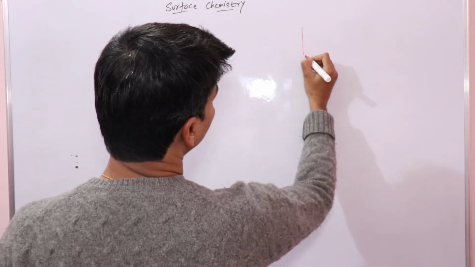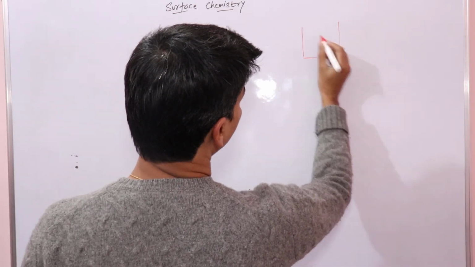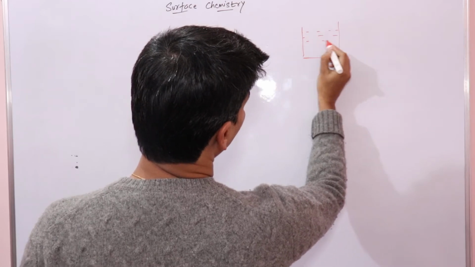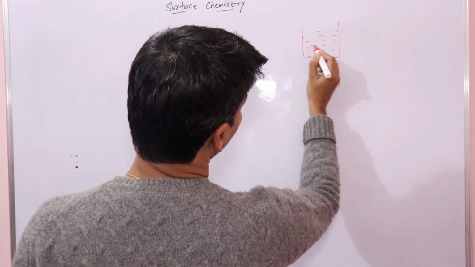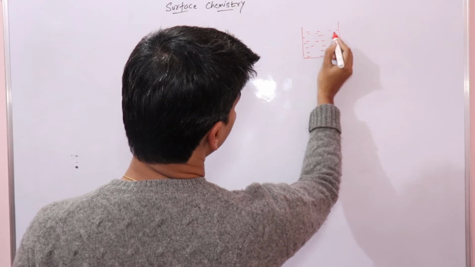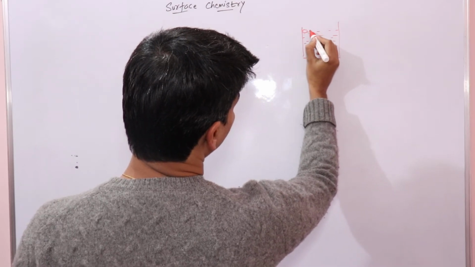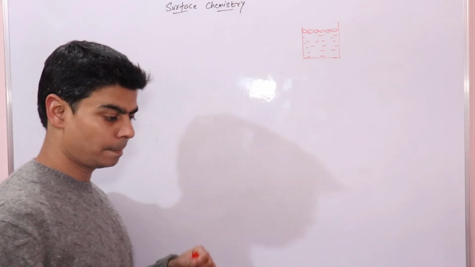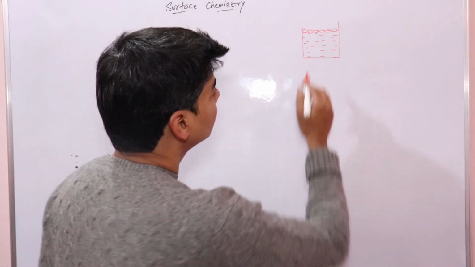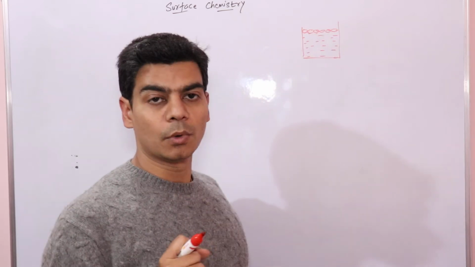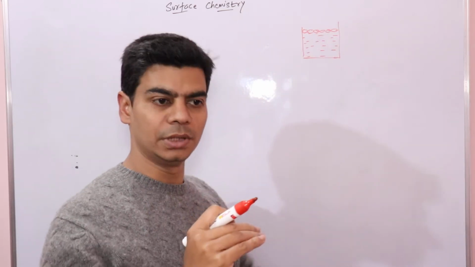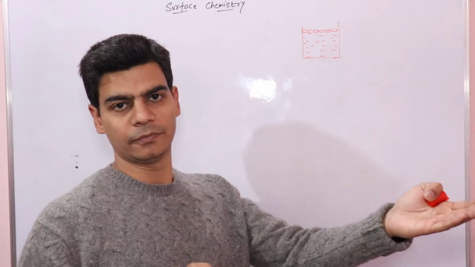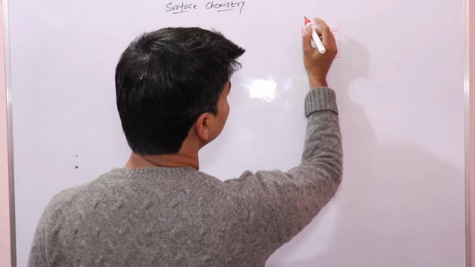regarding evaporation. If you remember, when we studied vapor pressure of solutions, we said that when liquid changes into vapor, only the liquid molecules that are at the surface will escape into the vapor phase when evaporation takes place.